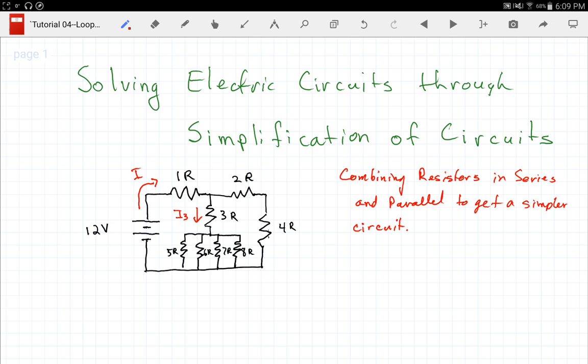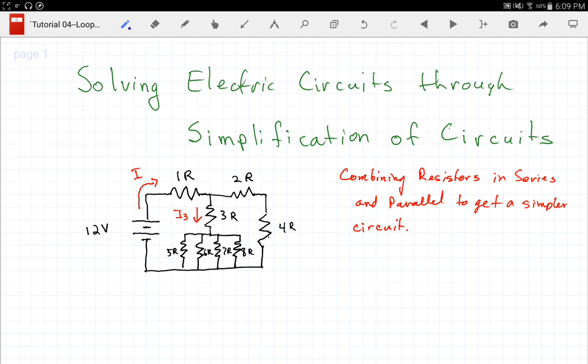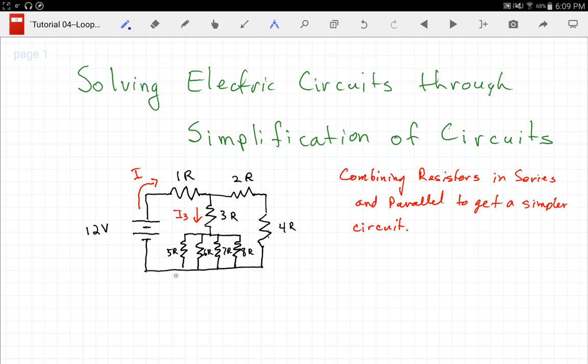So the first thing is I want to simplify this, so I want to find what things I have in series or parallel. And so when you look at this, you'll probably note that I have these, let me make a box here. I have these 4 resistors that are all in parallel.